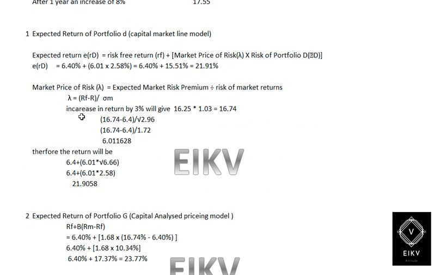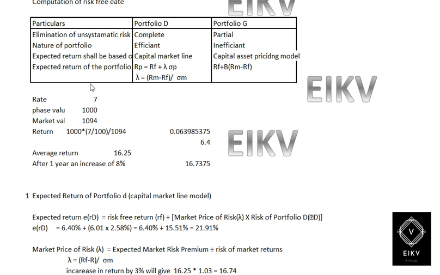Now the first computation, expected return on portfolio D, that is the capital market line method. For the capital market line method, we have the formula expected return would be risk-free rate plus lambda into risk of the portfolio. If there is a mistake here, the increase would be 3%, right? This is not 8%, it is 3%. So the return would be 16.25 into 1.03, which is 16.74.